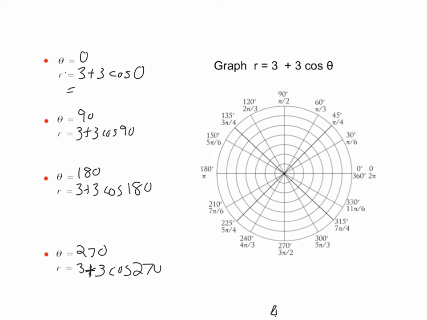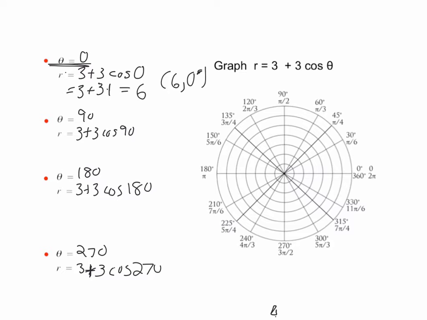In the first one here, I'm going to have 3 plus 3 times the cosine of 0, which is positive 1. So it's really 3 plus 3, because 3 times 1 is 3. So that'll be 6. So what that means is when I'm rotating 0, I'm really plotting the point 6, 0 degrees in polar.